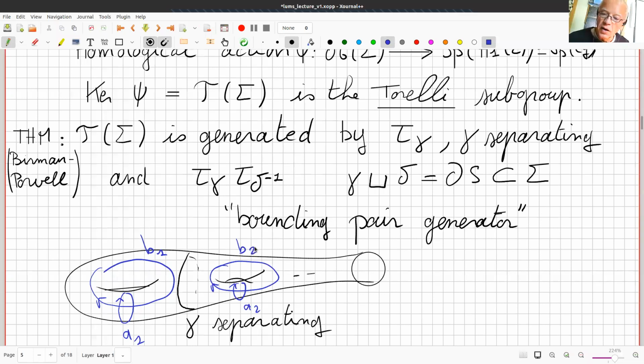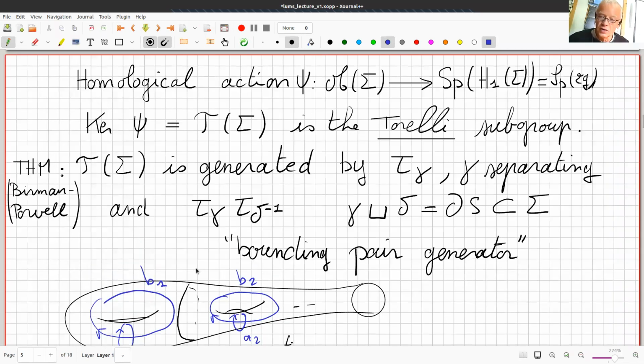And you see that the Dehn twist along gamma will not touch the Ai, Bi curves. So the twist along gamma will give you an element in the kernel of the mapping class group action. It's an element in the Torelli subgroup.